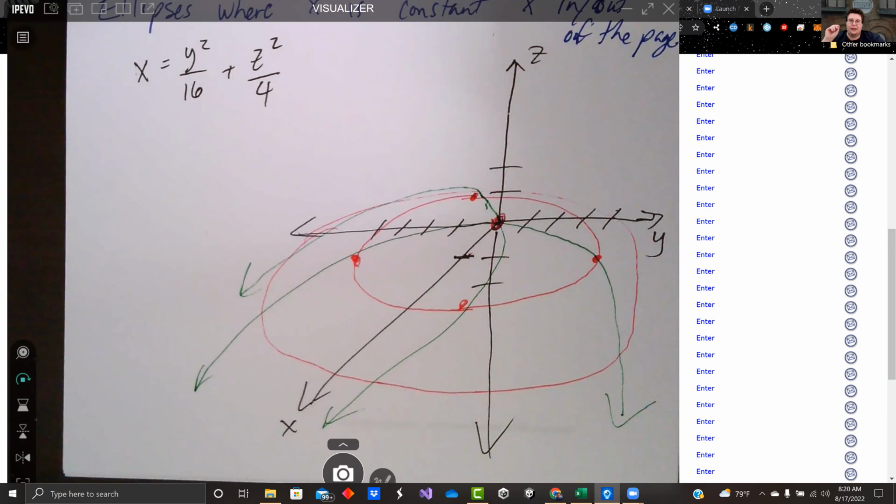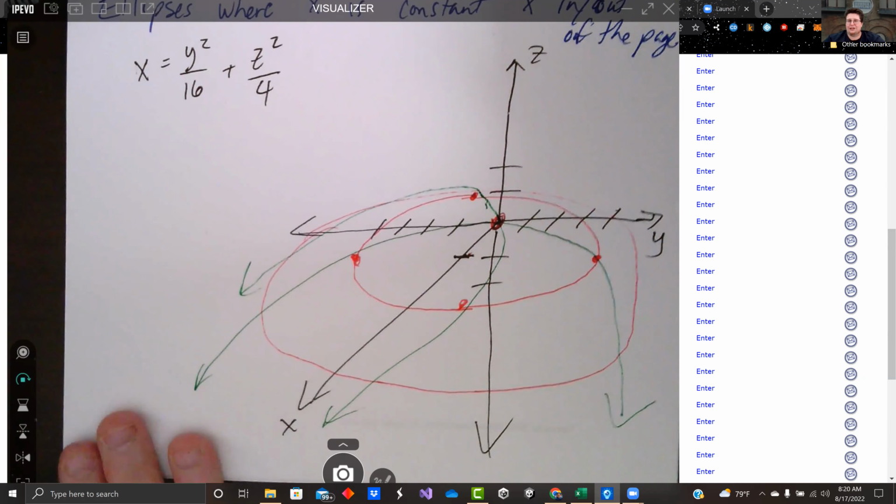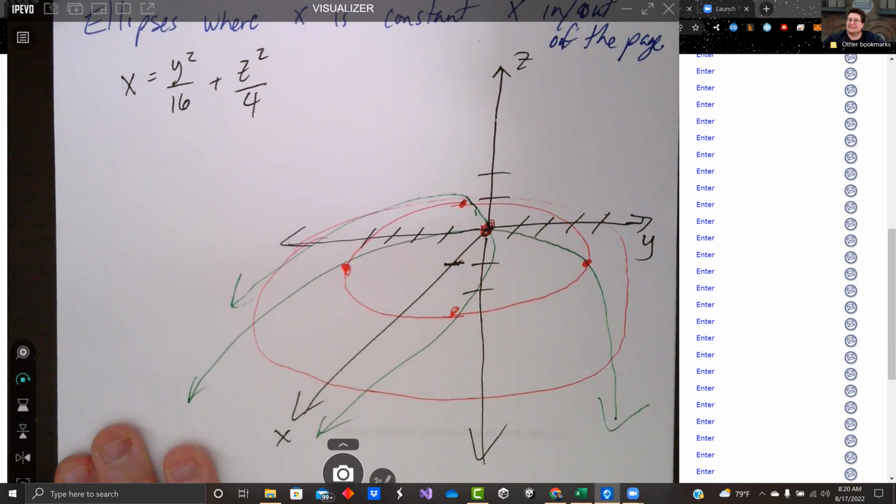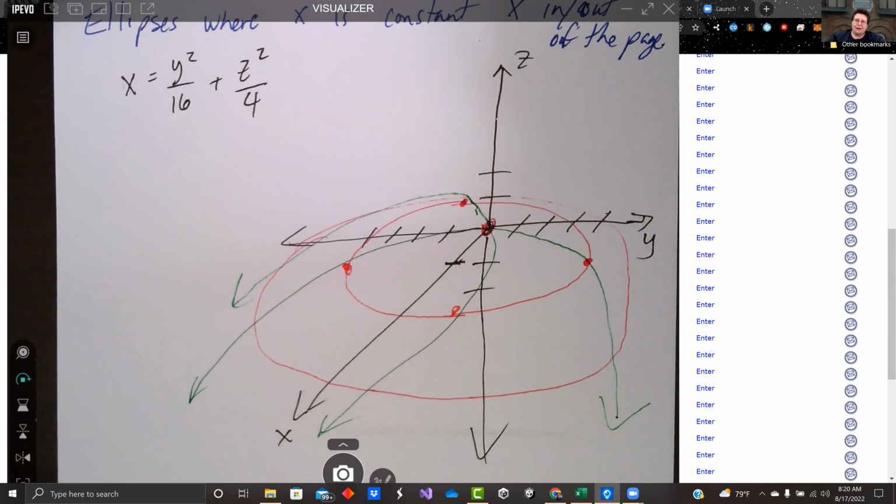So if the graphing is discouraging to you right now, and I suspect it is because this is hard and it's easy to say, that looks terrible, I know mine looks terrible too. I'm not an artist. If you're an artist, you might be able to make some great graphs here. In fact, if you are, send me some pics of what you're doing. I'd love to see some really well-made graphs because I'm not good at doing them myself.